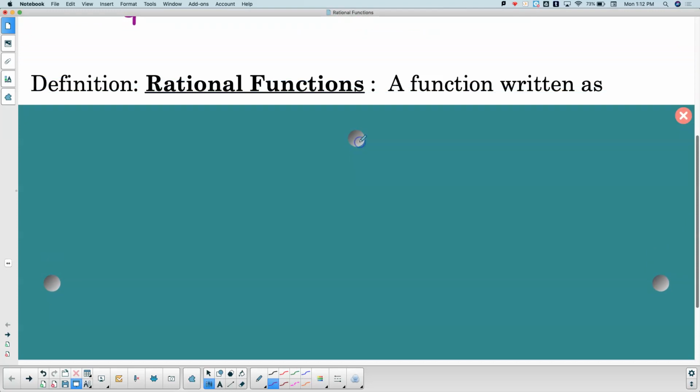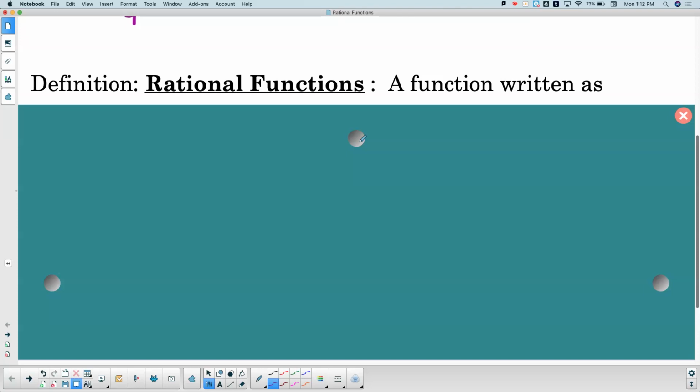And that is a rational function. We're going to be graphing rational functions. So let's define what a rational function is.